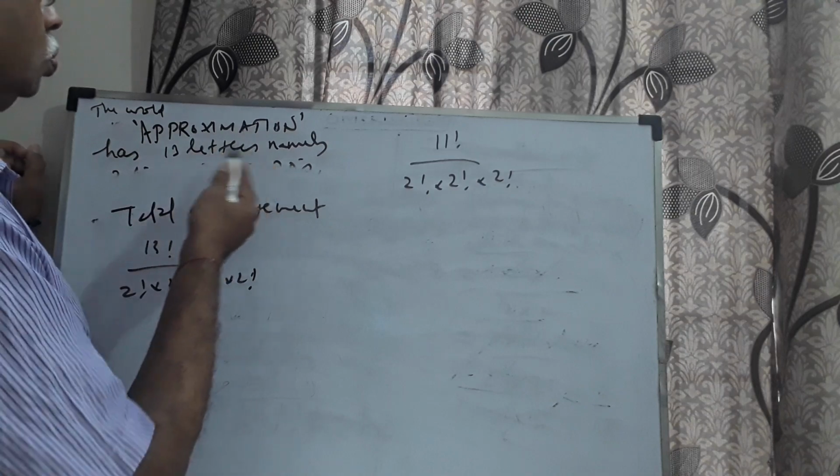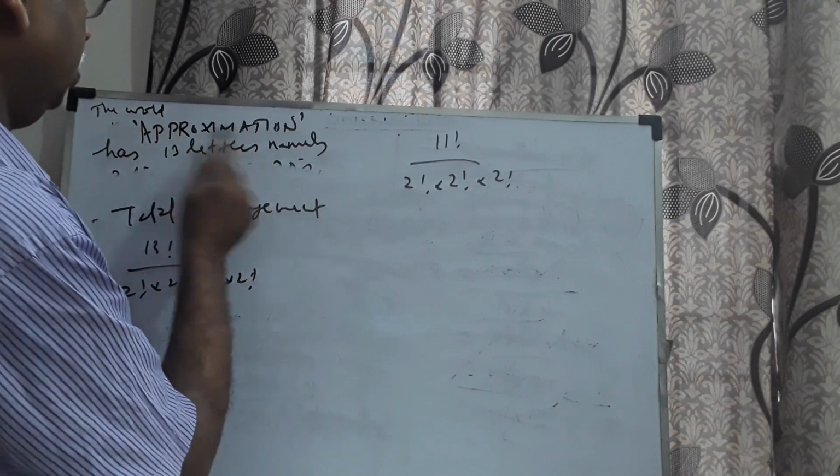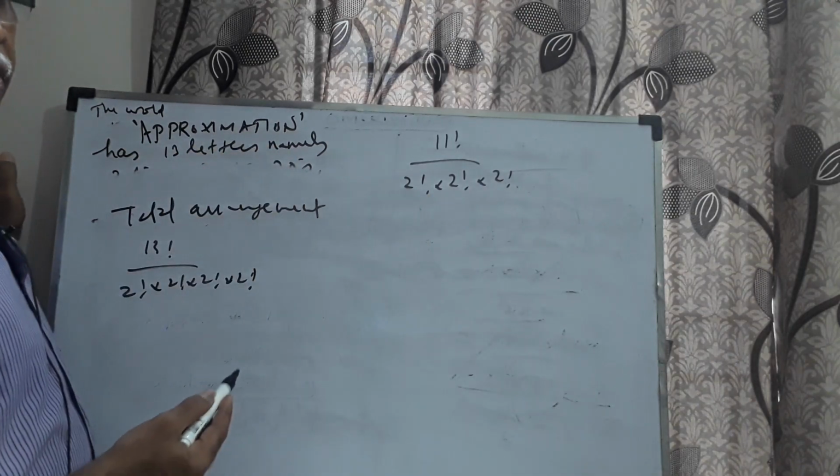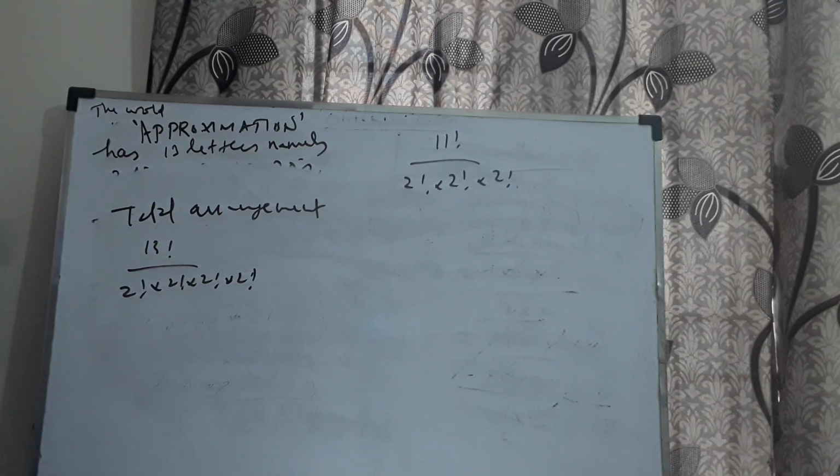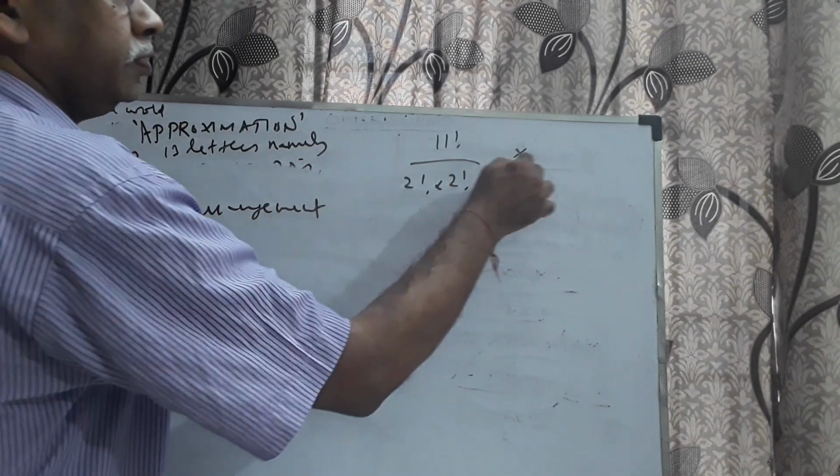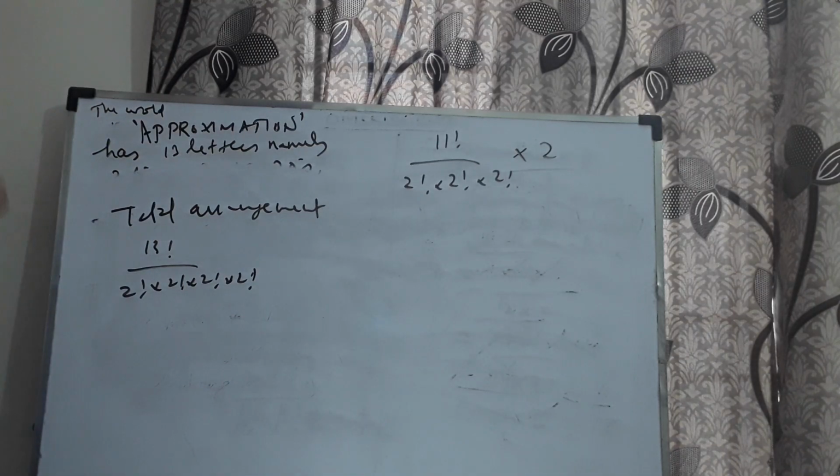There are 2 A's, 2 O's and 2 I's, which you can check. And the P and N can be interchanged in two ways.